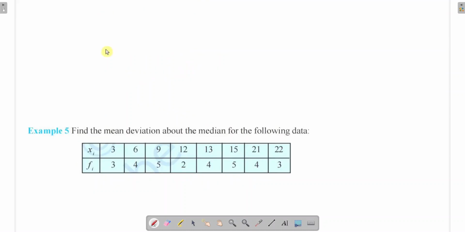Now we will look at how to find mean deviation about median.